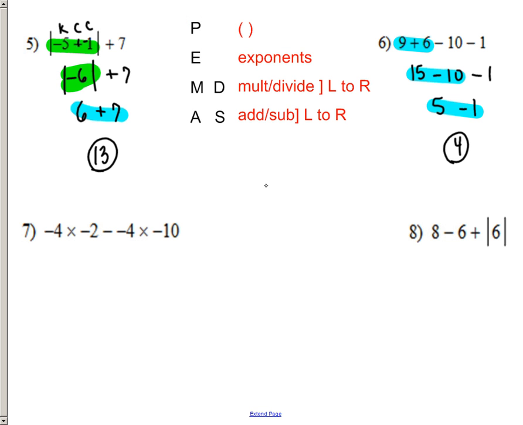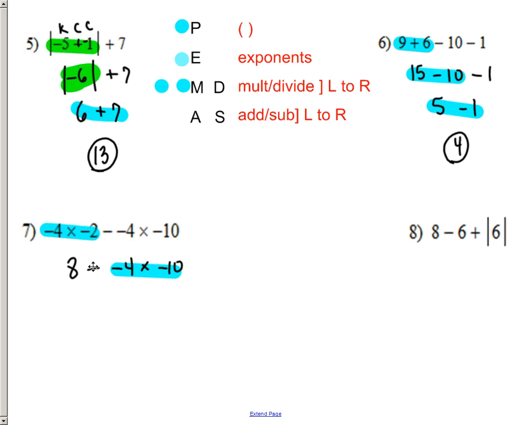Here's number 7. Parentheses, no. Exponents, no. Multiplication or division, yes. After you do each step, come back and double check it for any other within that same step. Like there might be 2 sets of parentheses, there might be 2 sets of exponents, or in this case, 2 sets of multiplication.